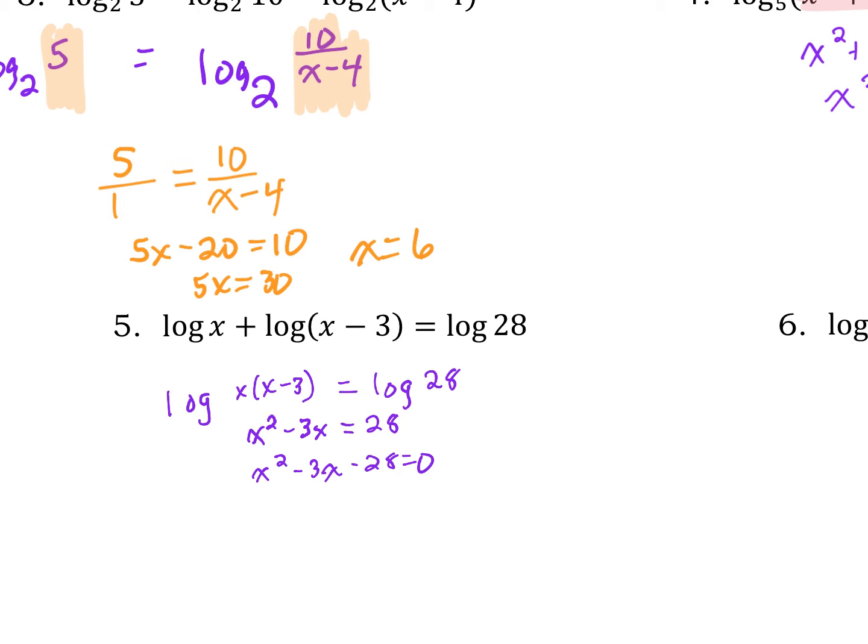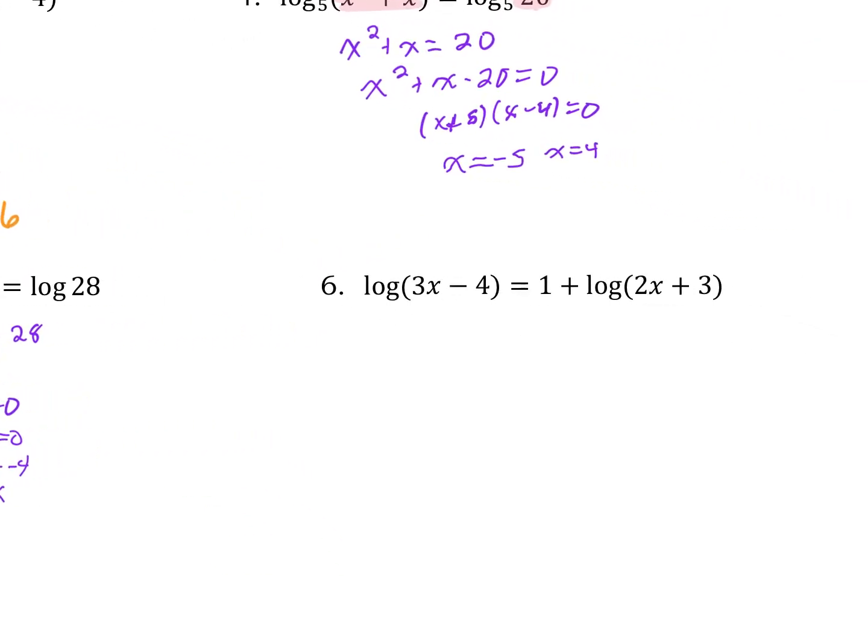So we're going to set that equal to 0 since it's quadratic, and we're going to solve. So we factor this, x minus 7 and x plus 4. And so we get that x is equal to 7, x is equal to negative 4. If we check these and plug in 7 for x and 7 for x minus 3, we find that that works. But if we plug in a negative 4, we're going to have a negative argument, so this is not a solution. So only x equals 7 is a solution.